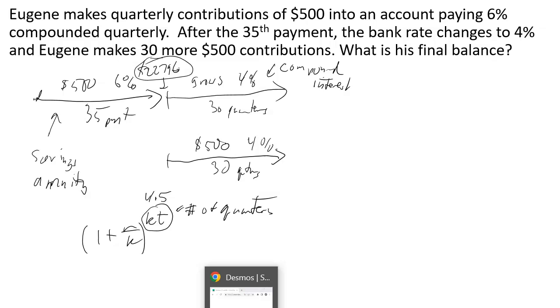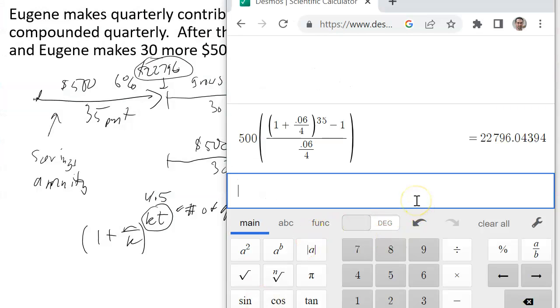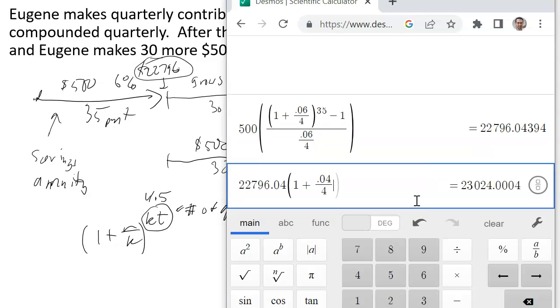Pulling up my calculator, we use 22,796.04, and we do 1 plus R over 4, or R over K. We're still quarterly, so our K is still 4. Our new interest rate is now 4%. And in our exponent, again, normally we'd have KT, but together those make up the number of quarters. And remember that second growing period is now 30 quarters.